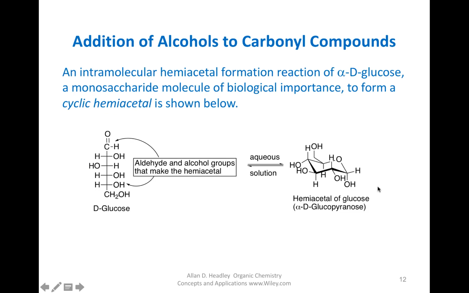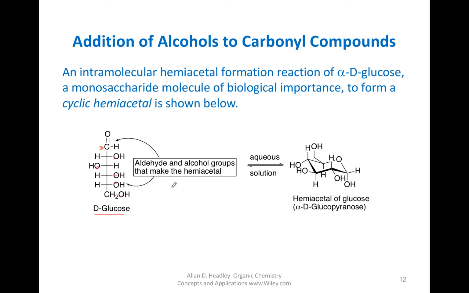Okay. Let us look at intramolecular hemiacetal formation. And this is of practical importance because this molecule here is glucose. As you notice, it has an aldehyde functionality right here, and it has a bunch of alcohols.